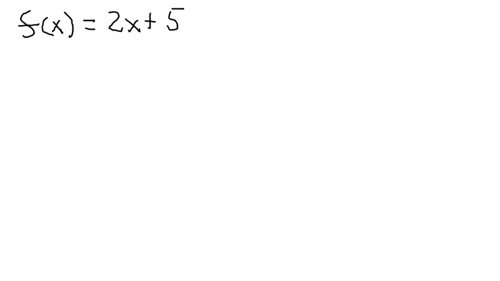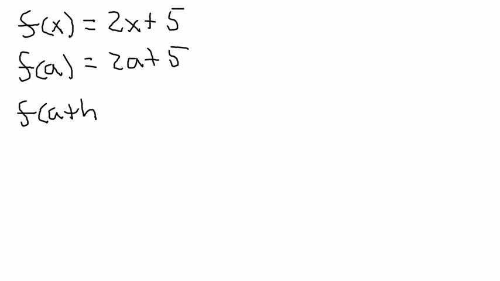So if we take a look at f of, say, a, that's going to be 2a plus 5. If I were to take a look at f of a plus h, that's going to be 2 times a plus h, plus 5.